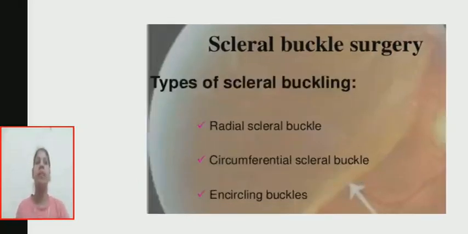Types of scleral buckling: radial scleral buckle, circumferential scleral buckle, encircling buckles.